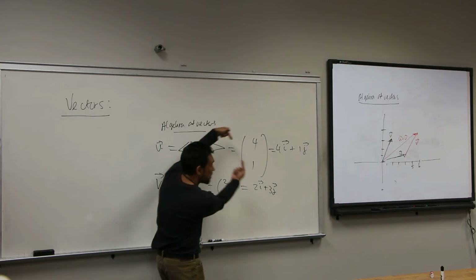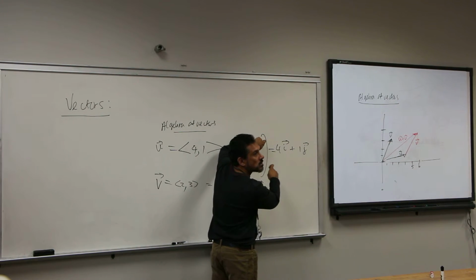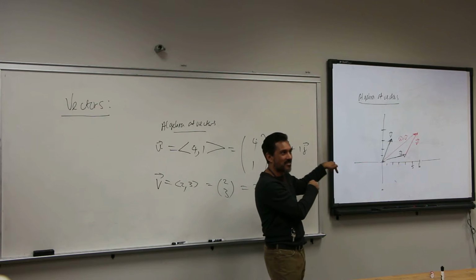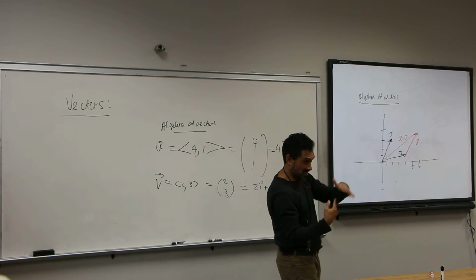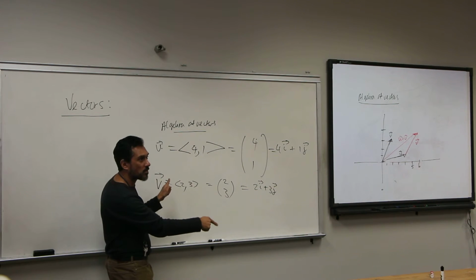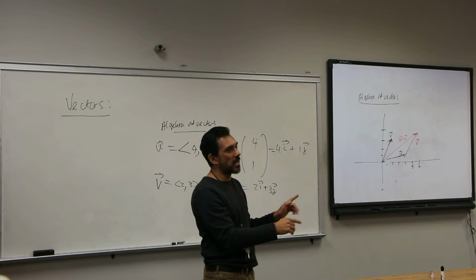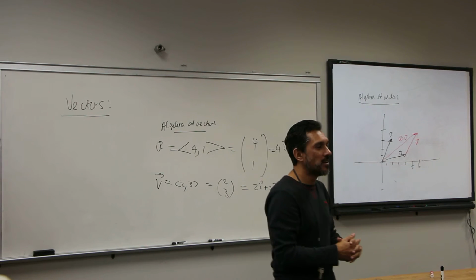Just to say the direction is embedded in that information here. It's there, you just don't see it. 2 along and 3 up, not 3 along and 4 up.